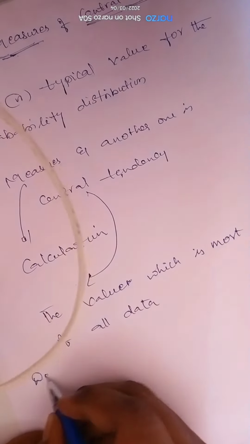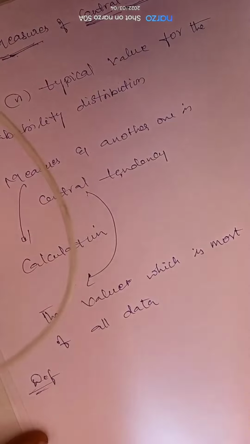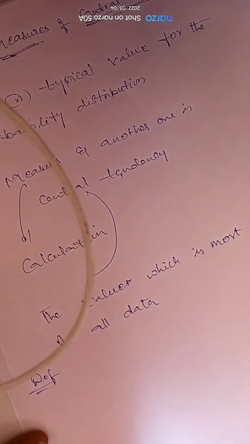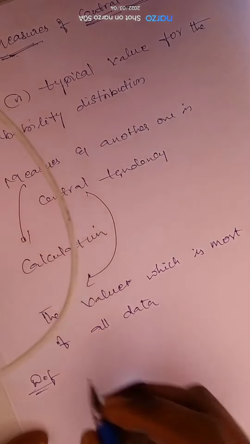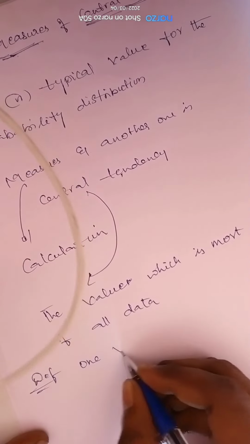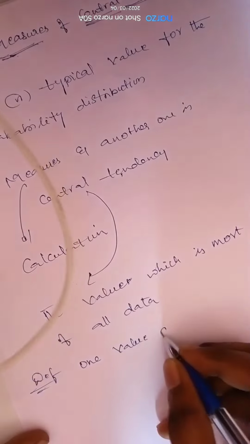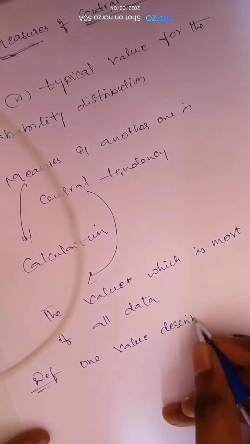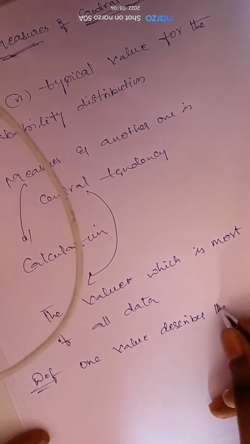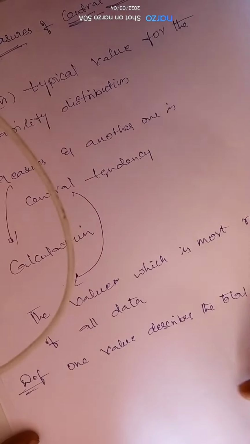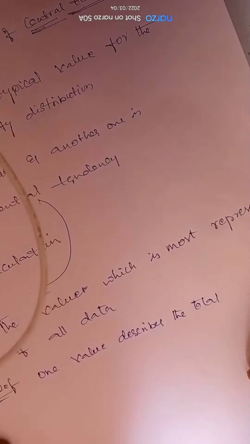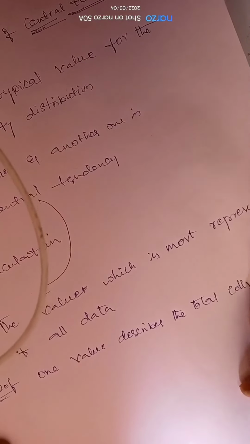What is the definition? One value describes the total collected data.